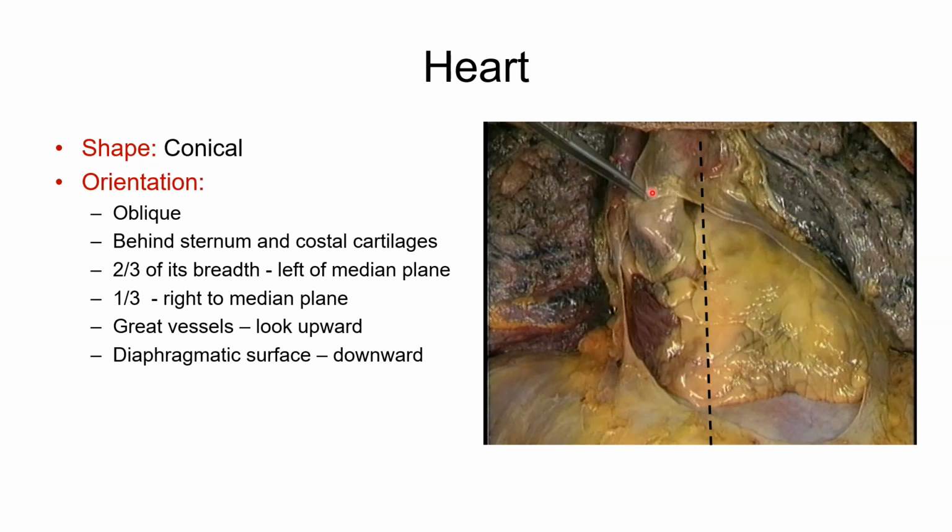The great vessels will be looking upwards, and the diaphragmatic surface will be looking downwards. So now you know the shape of the heart and its orientation, and how much of it is towards the left of the median plane and how much is towards the right.